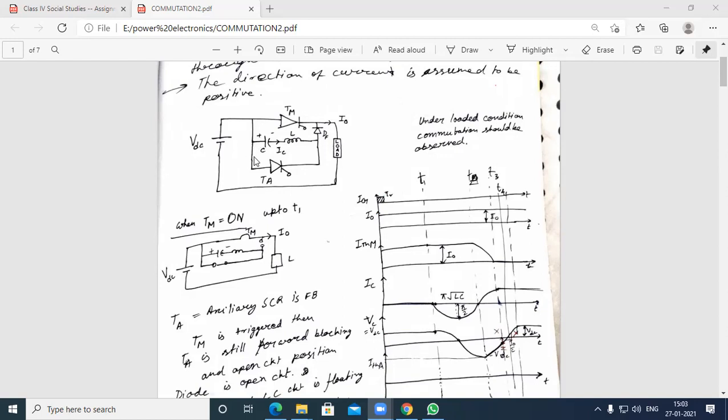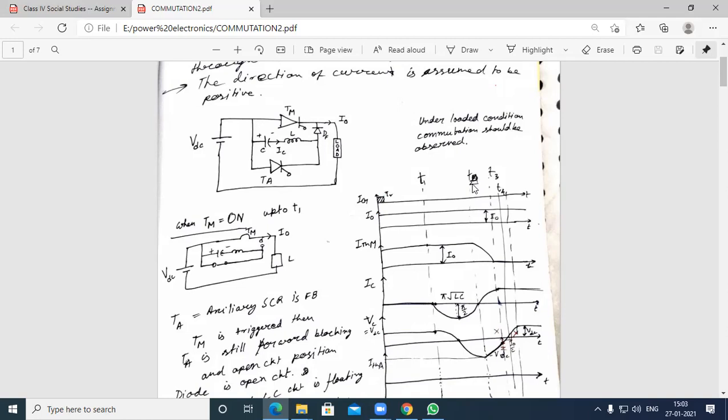From T1 to T2, the capacitor voltage Vc will be discharging. So when the capacitor voltage is discharging, the current IC will be sinusoidal, and that is going on up to T2.